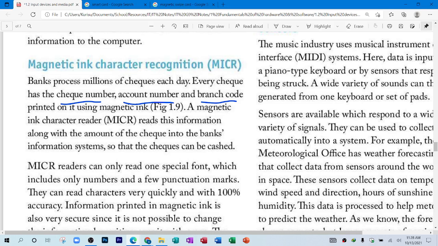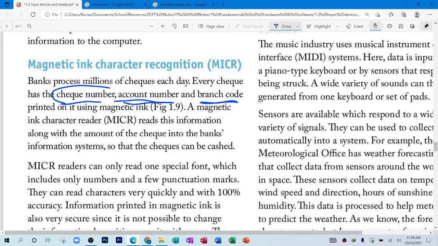Now, in order for that to be processed, some information has to be inputted: the check number, the account number, the branch code, and maybe other personal information. All of that information has to be inputted, transferred, processed, and so on.